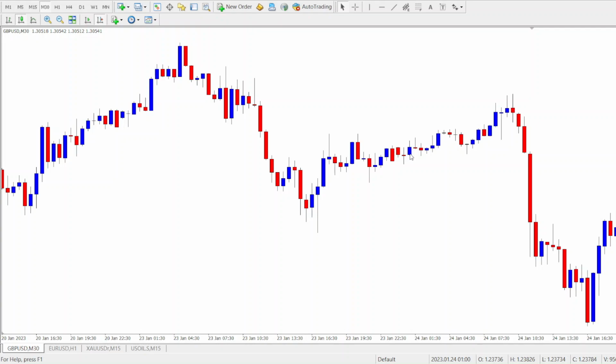The settings depend on whether you are a scalper, a day trader or a swing trader. It also depends on the specific markets that you are trading, for example Forex or stocks. We're going to look at a step-by-step guide on how you should adjust your EMA settings for better entries and exits.